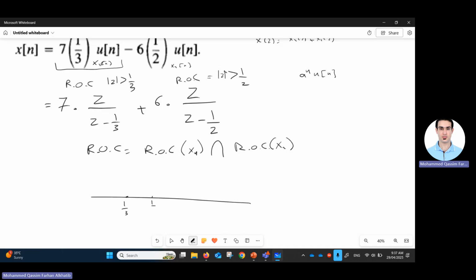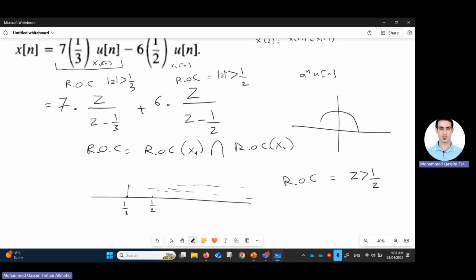And 1 over 2 is going to be here. So the first one, the region of convergence, is all these values. And the second one, the region of convergence is all these values. So the region of convergence will be what? Z larger than 1 over 2. Clear?